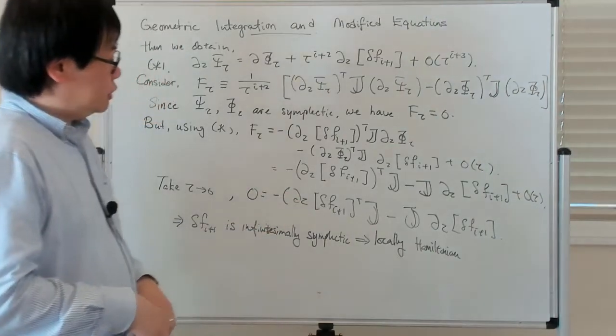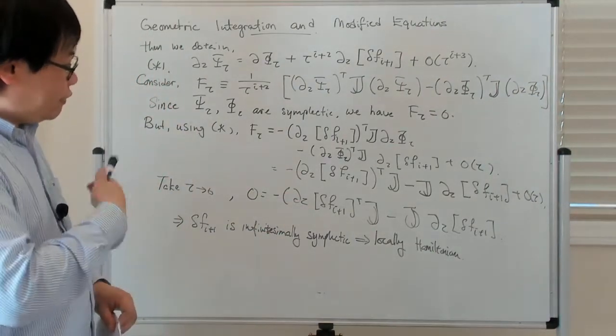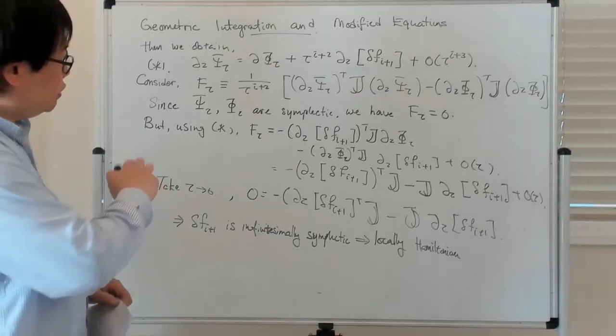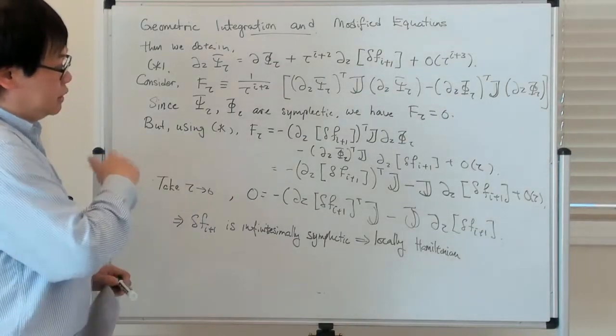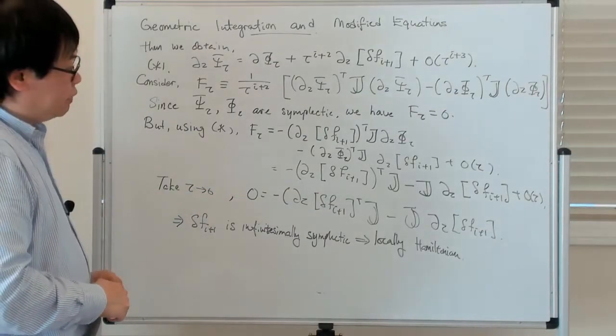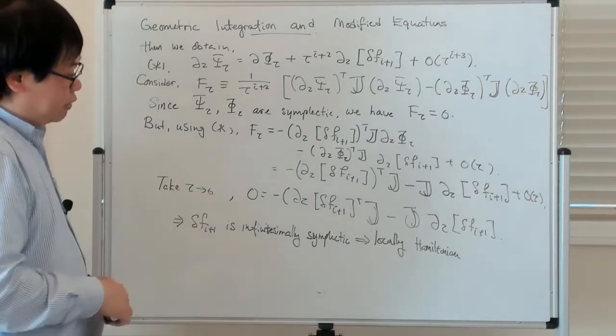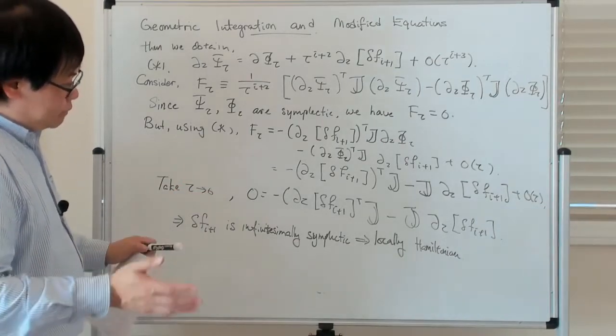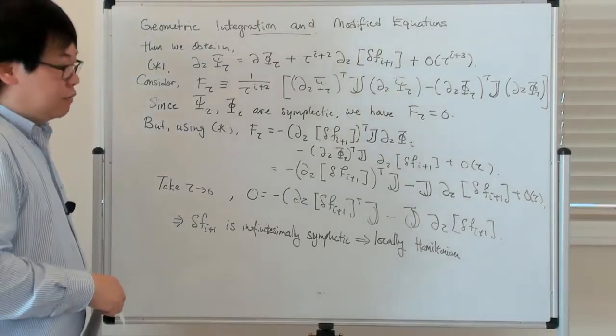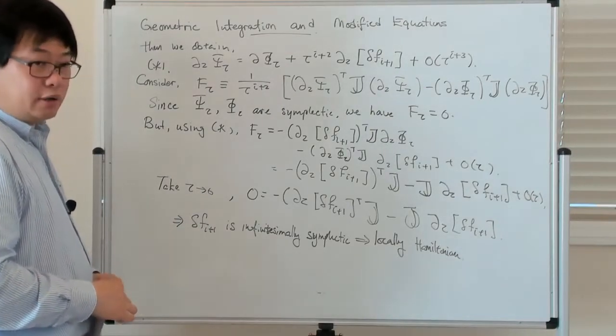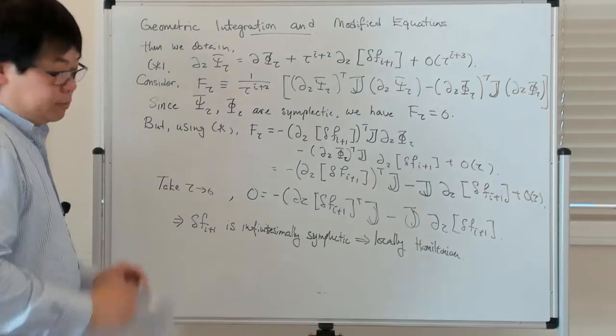So if every term is Hamiltonian, then you would expect that this entire sequence of better and better approximations of the one-step method all correspond to symplectic maps. Okay, so I'll just stop there.